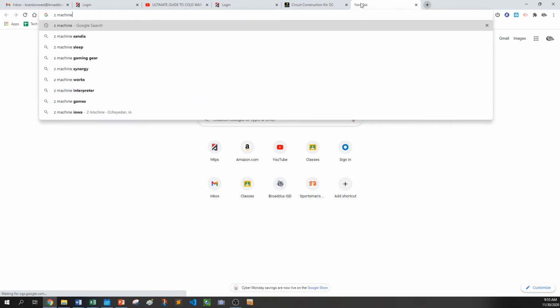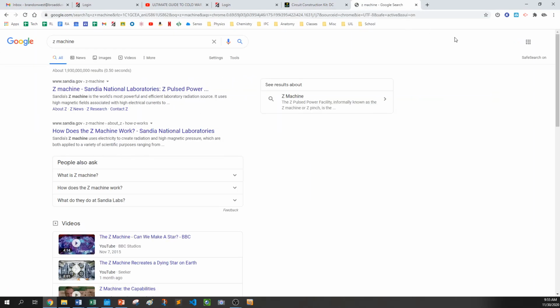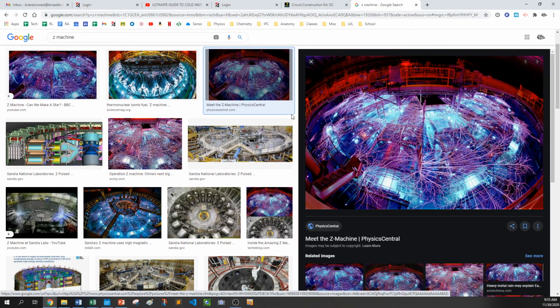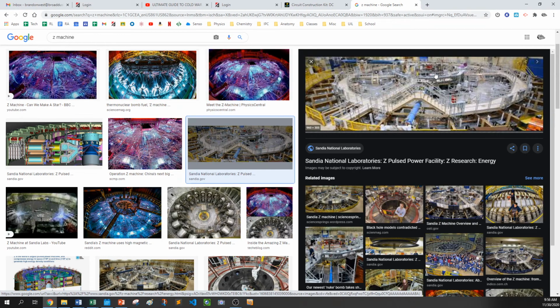Z machine. So this is the Z machine. They take and pump a tremendous amount of electricity through this machine, and they make it run through a single point. So if we look in the middle, there's a little tiny thing. All these are capacitors or giant batteries.